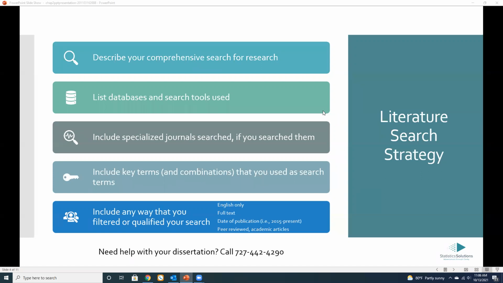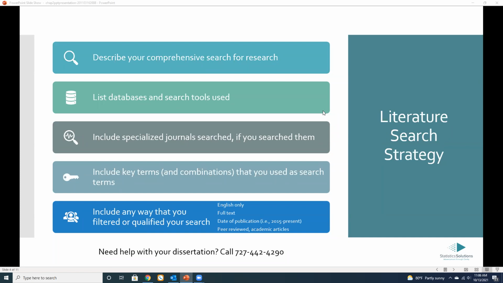So to show them, you want to describe your search, right? Start off by saying you conducted a comprehensive search of the literature on your topic through, mostly nowadays, your university library's online portal.